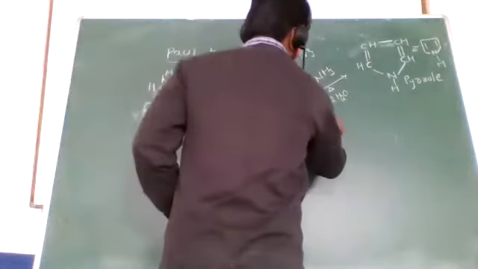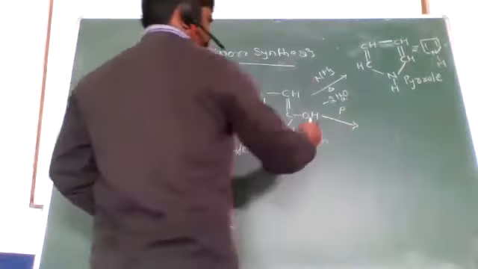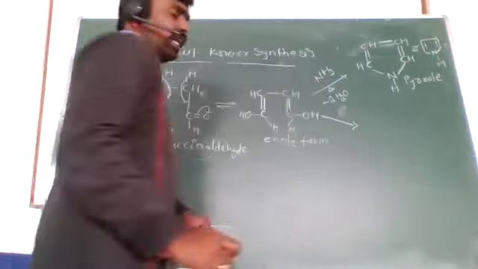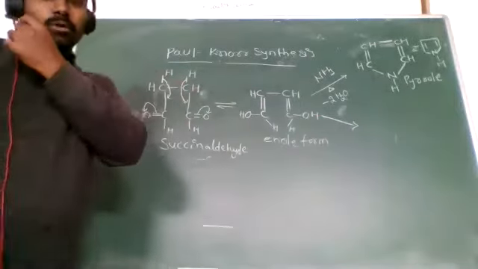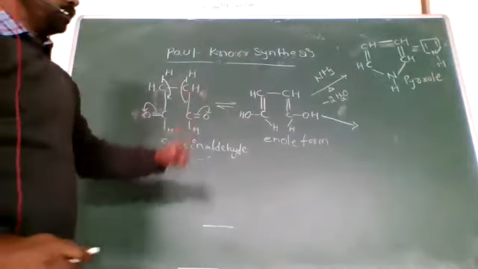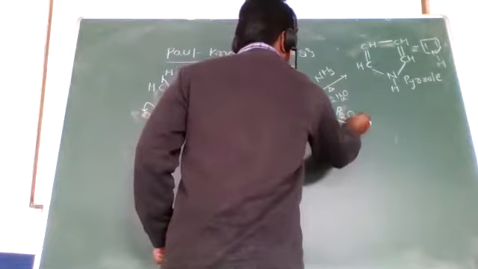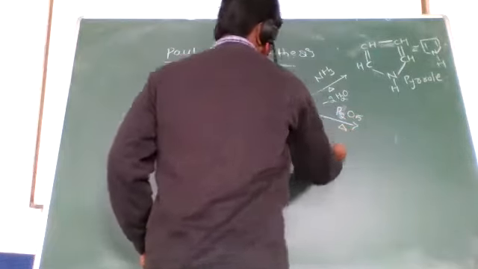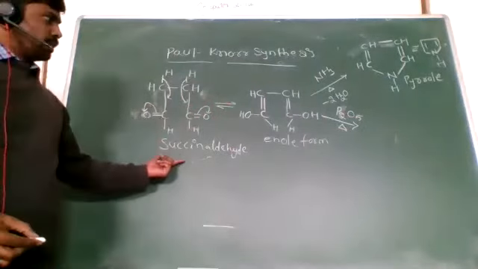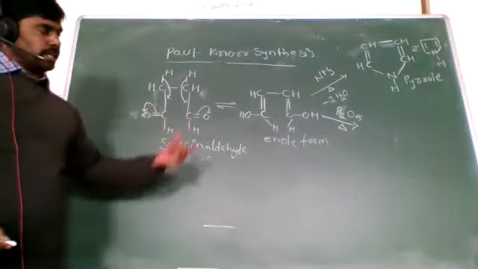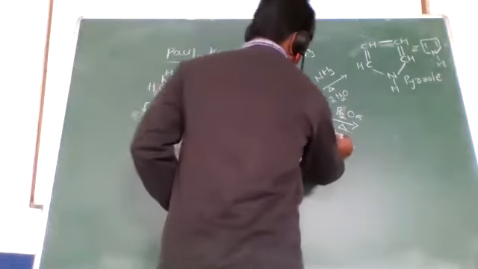Now in the next one, when it reacts with phosphorus pentoxide, this is a dehydration. Dehydration means removal of a water molecule. When succinaldehyde is heated with phosphorus pentoxide, dehydration takes place, so there is loss of a water molecule.